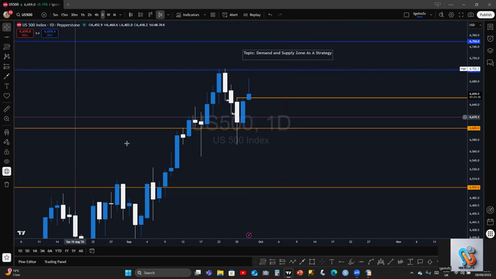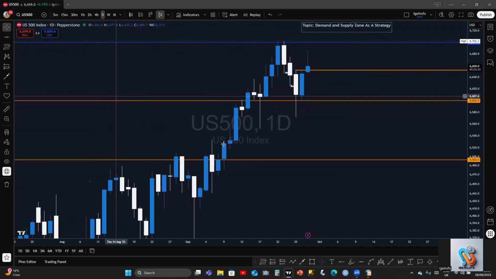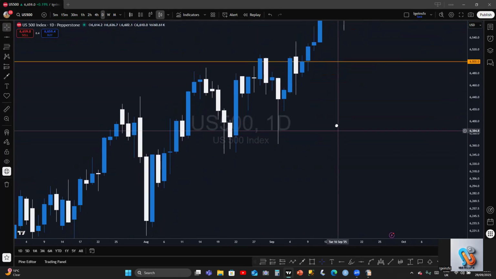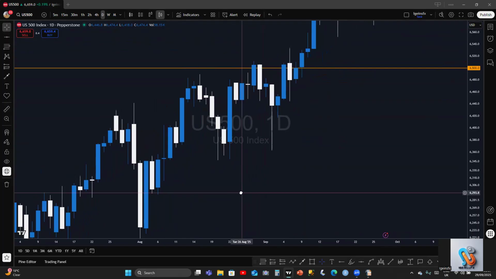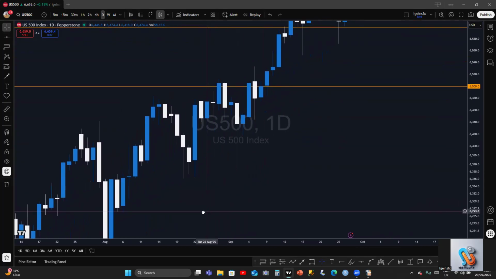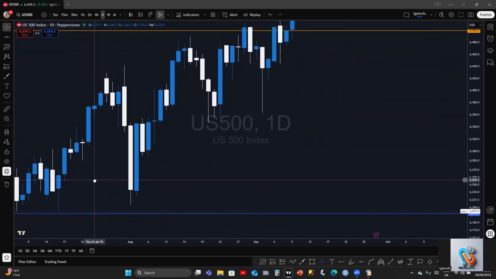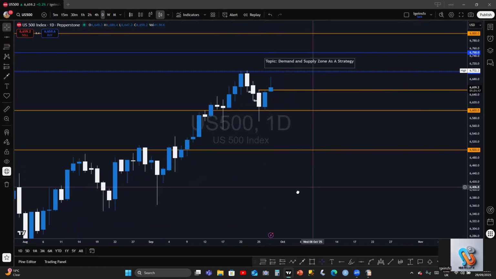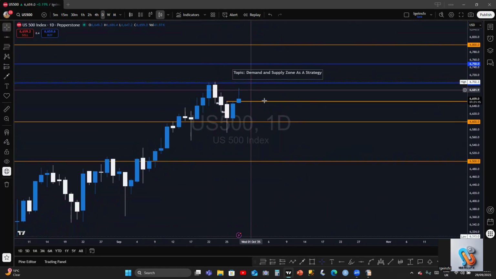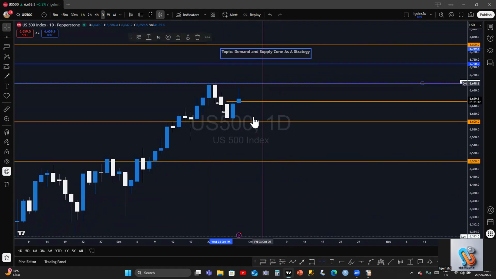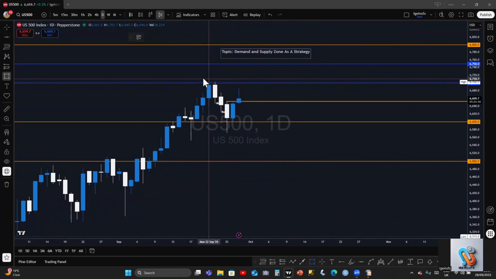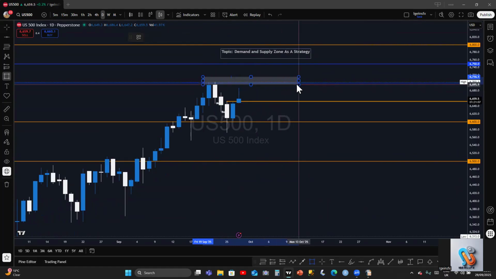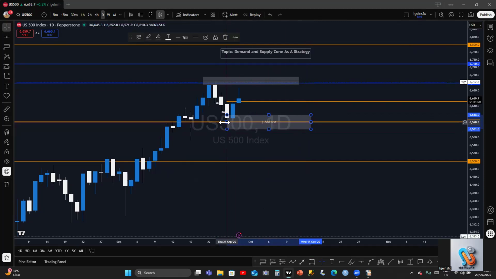All right. So when we talk about supply and we talk about demand, I will just give you a simple example, very simple. This place is a supply zone. This point here is a demand zone.